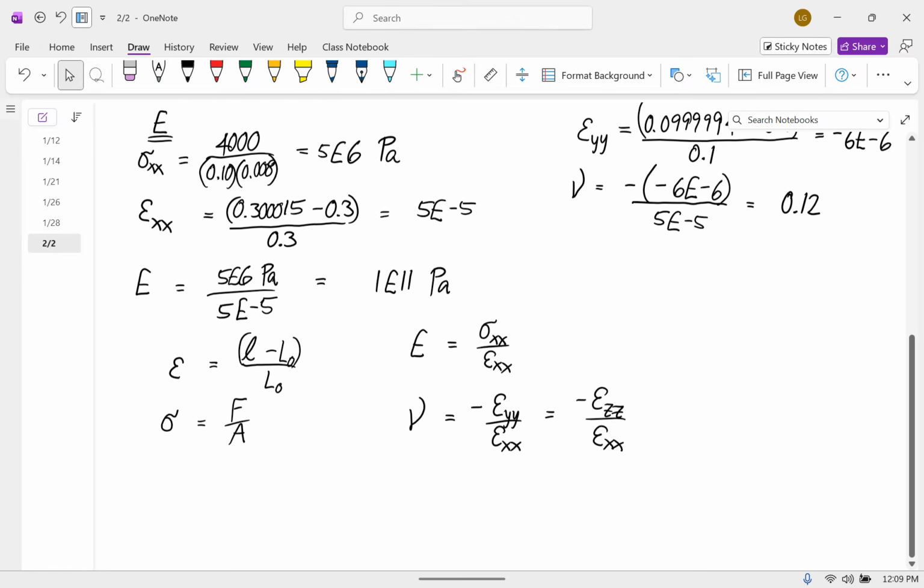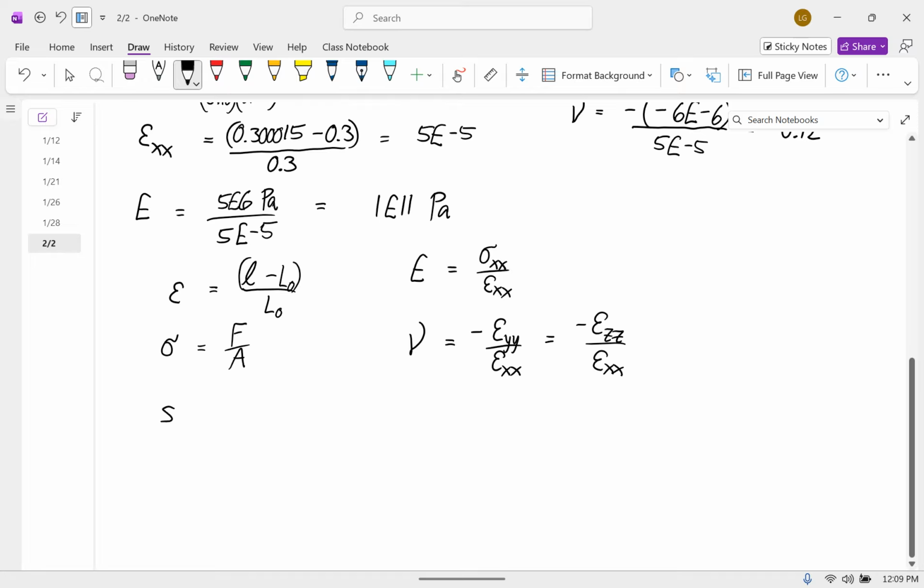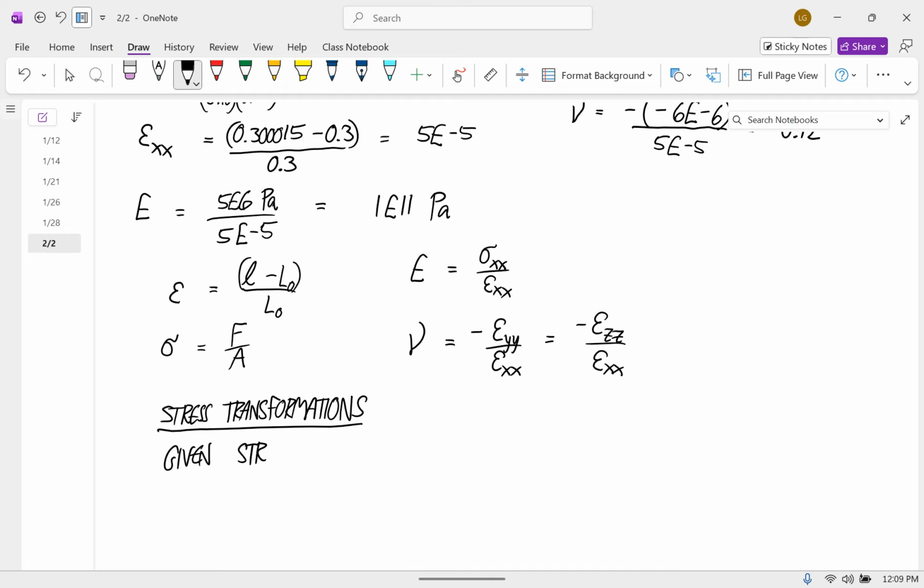Okay. So the next thing I want to talk about is stress transformations. And the idea is that given a stress tensor in one coordinate system, express that stress tensor in a new coordinate system.